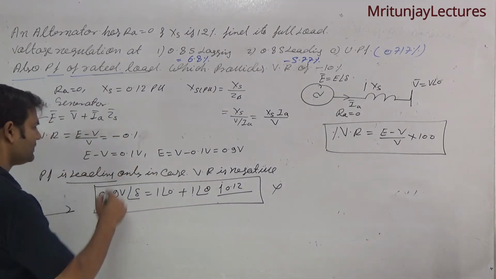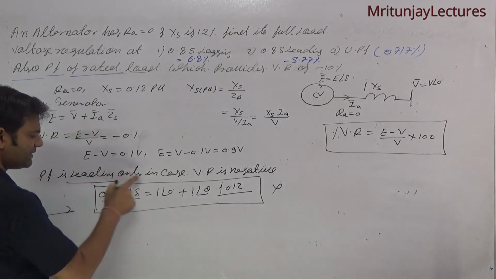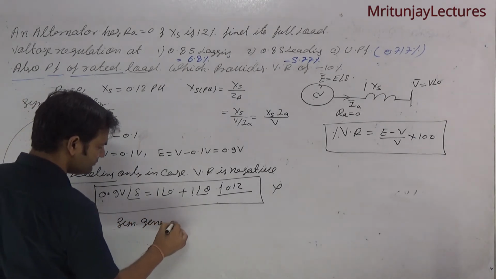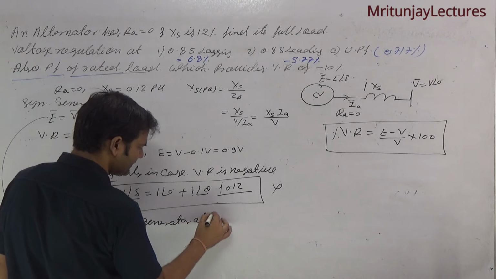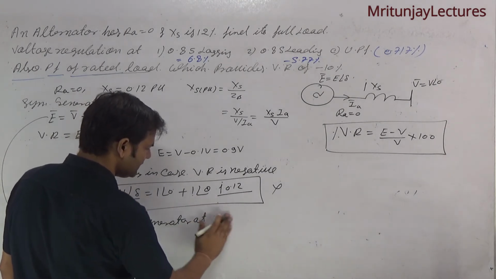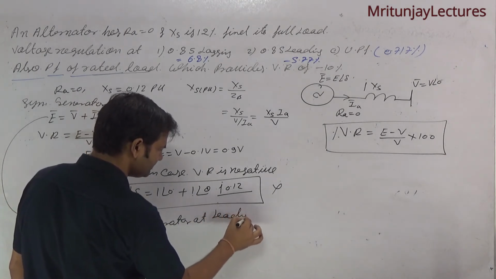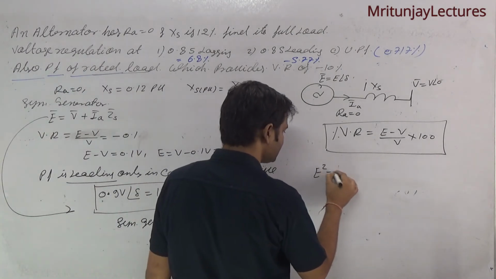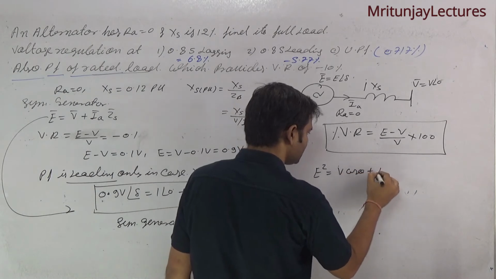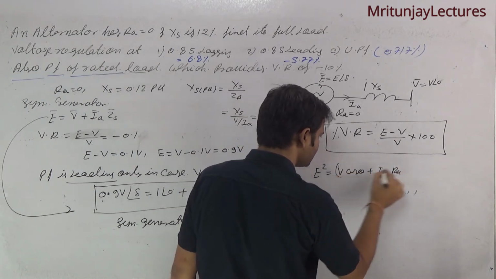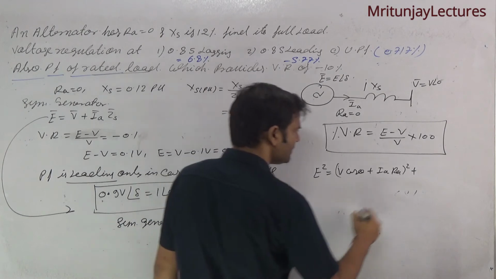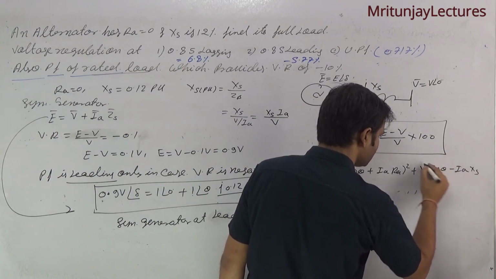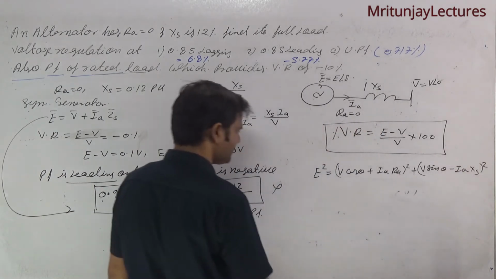I know that for a synchronous generator at leading power factor, the formula is E square equals (V cos theta plus IA RA) whole square plus (V sin theta minus IA XS) whole square.